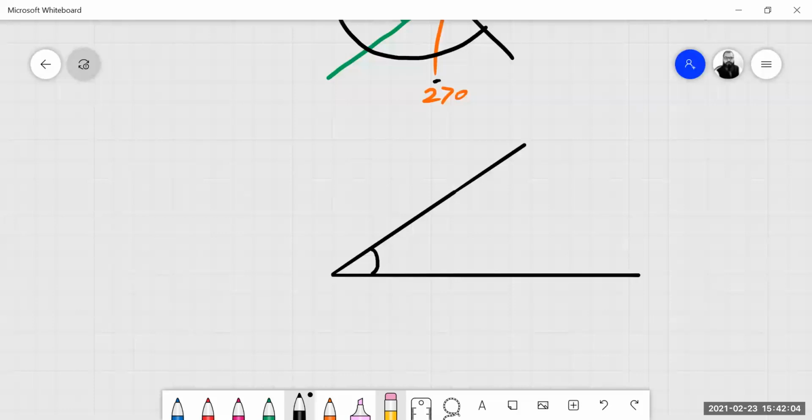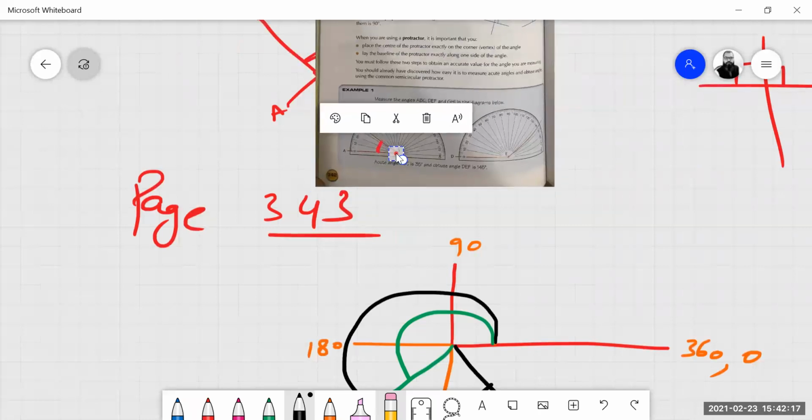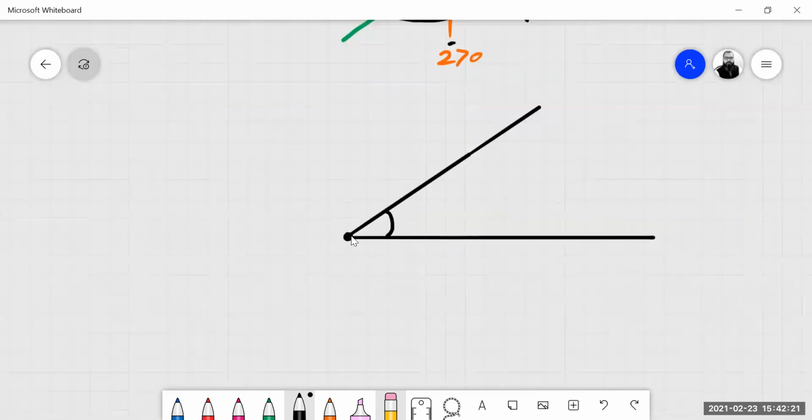What you will do? You will put the center of the protractor here, on this point, and the line should be on the line.